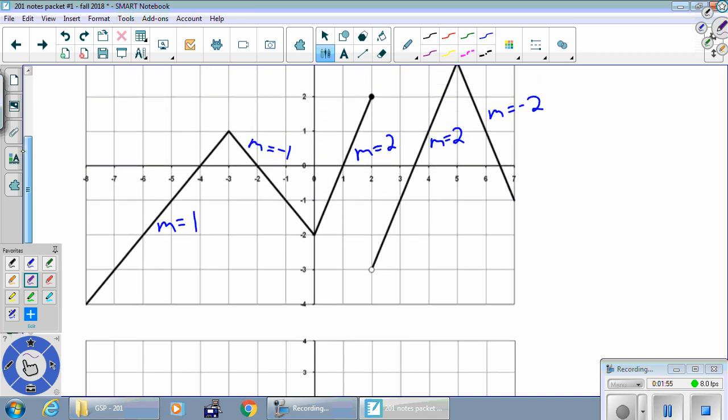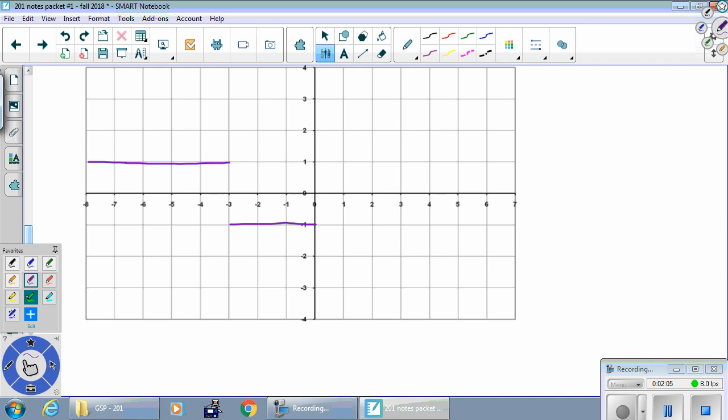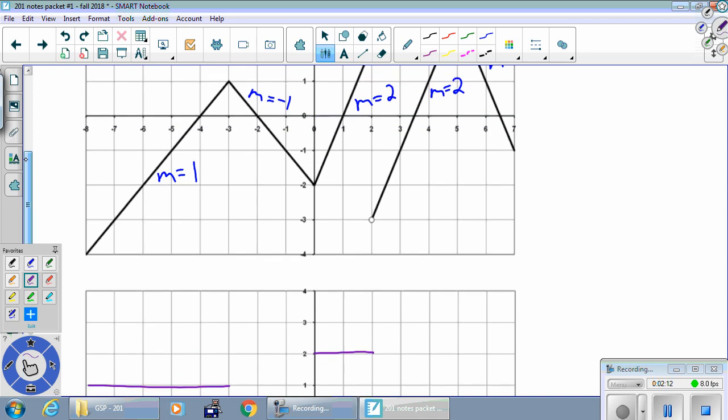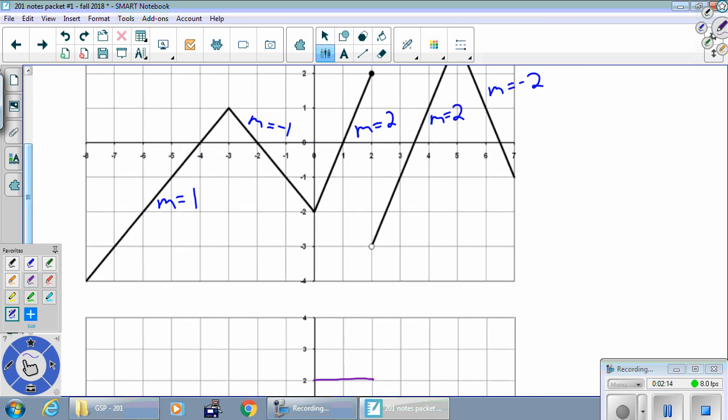And then I've got a slope of 2. The slope of 2 starts there and goes to there. So that's from 0 out to 2. Let's graph that. From 0 to 2, I've got a slope of 2, constantly 2. And then the next one, from here all the way up to the top there, which I'm guessing is at 5, is also a slope of 2.